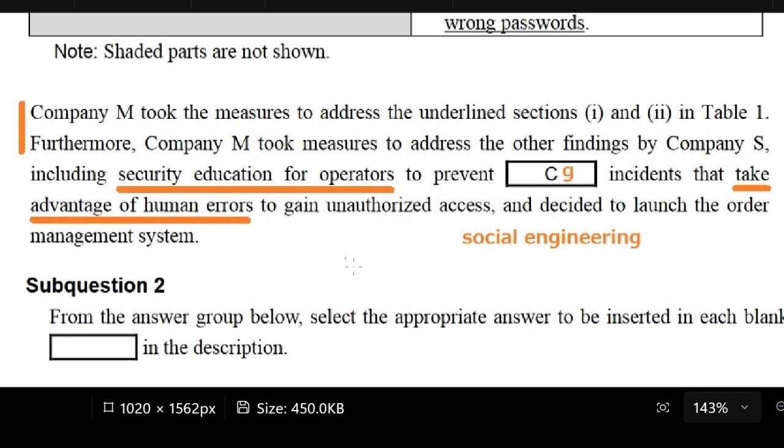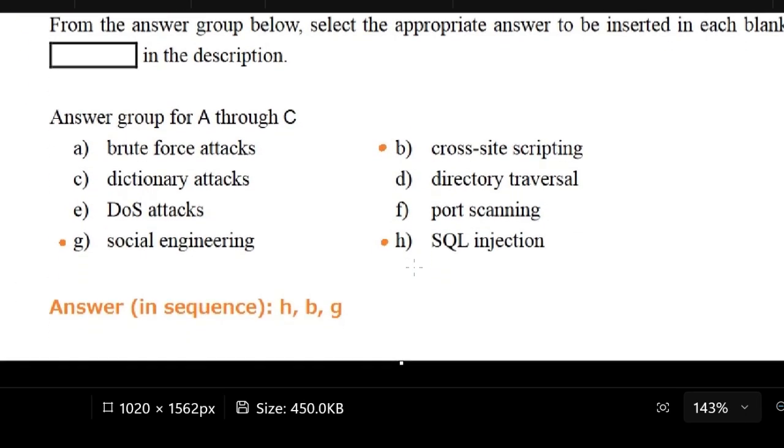Okay, so social engineering, there is this part about social, which is something related to human factors. And we're using engineering to find out information much faster in that way. Okay? So again, the answers are in sequence: SQL injection, cross-site scripting, and social engineering.